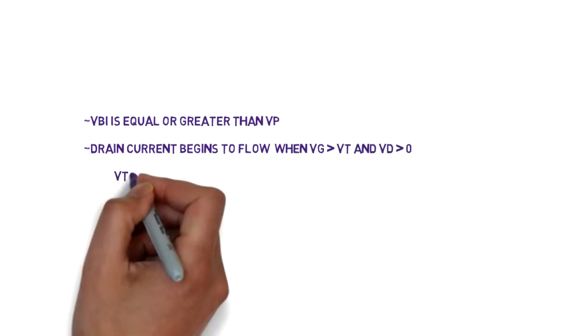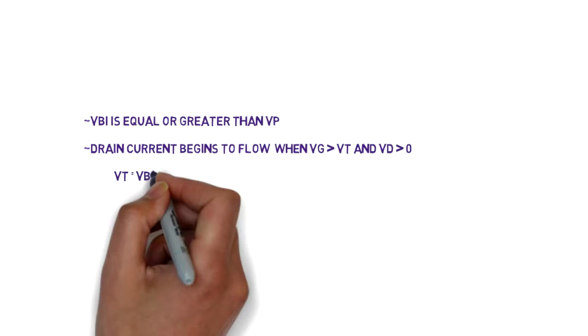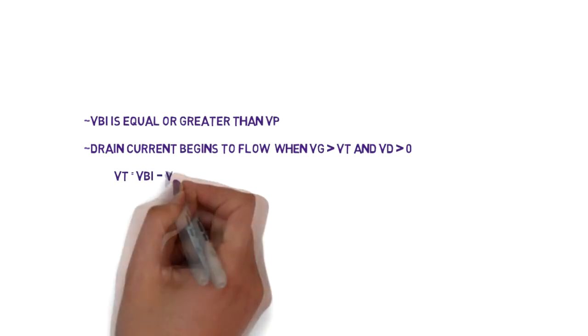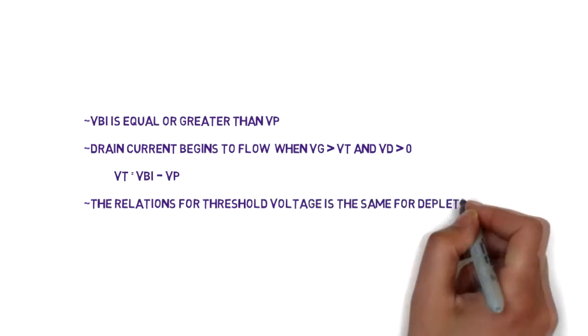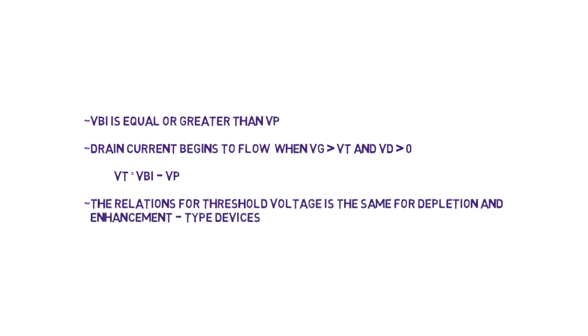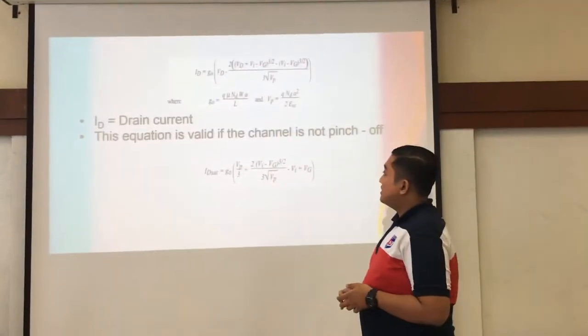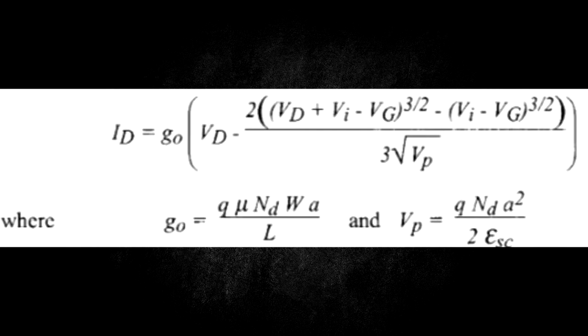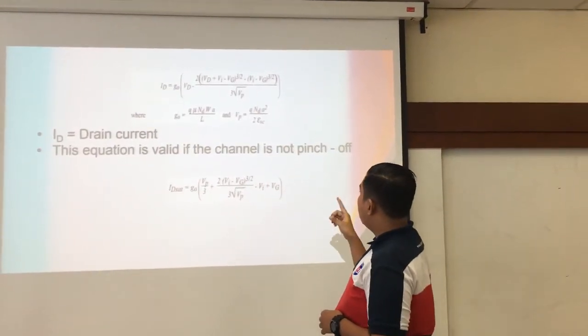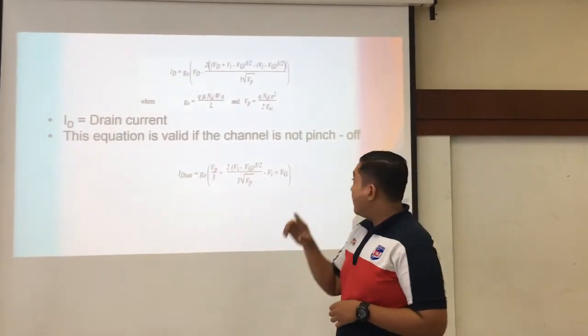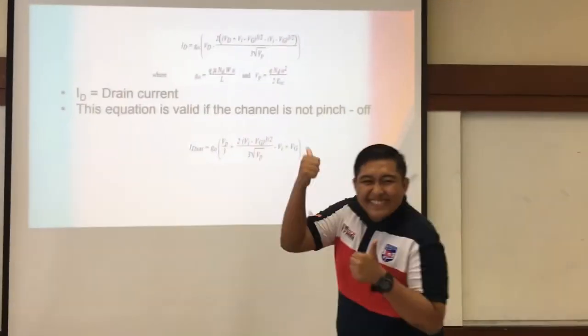The formula is Vt = built-in voltage minus the pinch-off voltage. This relation for the threshold voltage is the same for the depletion and enhancement type devices. Lastly, here is our formula. You can read it after this. ID here is the drain current, and this equation is only valid if the channel is not pinched off.